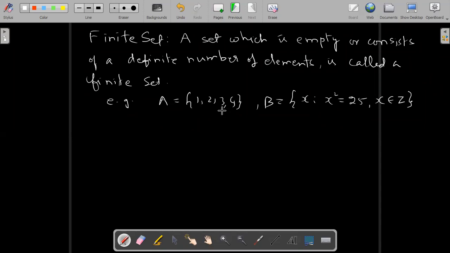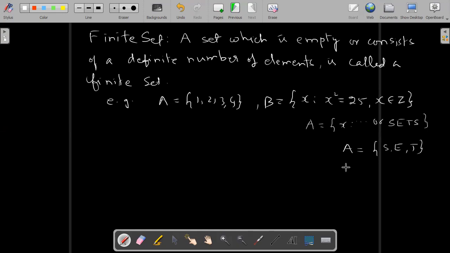For example, A is a set of all x such that x represents the letters of the word, let's say, SET. Then we will write A equal to {S, E, T}.